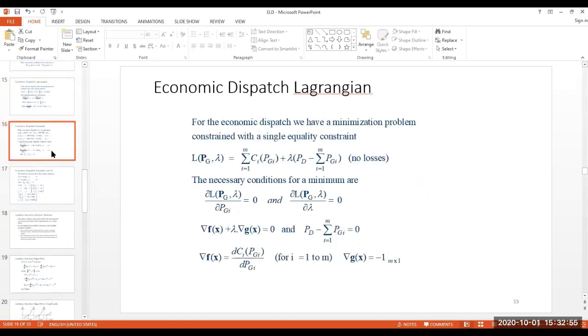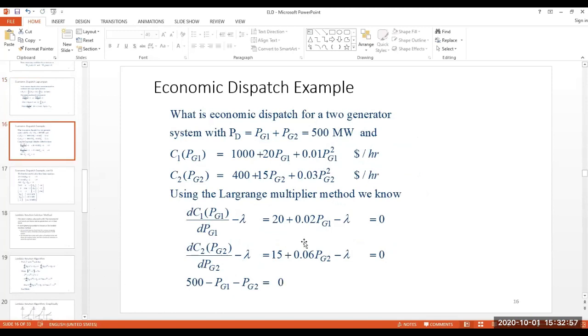so this one, yeah. You see, this one is my incremental cost function for generator 1. This is my incremental cost function for generator 2. And if I take this lambda to the other side, what do we get? We get the same thing: incremental cost for generator 1, incremental cost for generator 2, all equal to the single lambda.